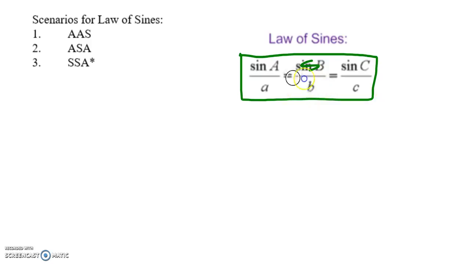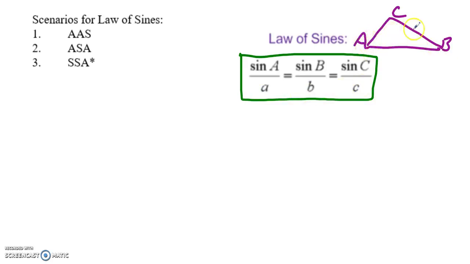You don't need all three. You can just use the proportionality idea that sine of A over a equals sine of B over b, which is the same ratio as sine of C over little c. Just to explain what all those letters mean, if I draw an oblique triangle and name it A, B, C, all of the angles are always capital letters in this section, and the lowercase letters have to do with sides.